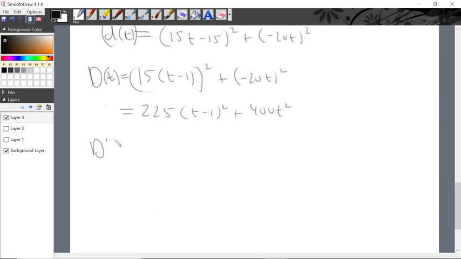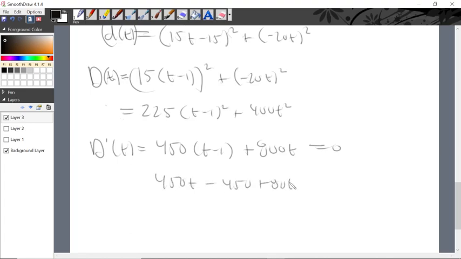Let's take the derivative of that. So d prime of t is 2 times 225, which is 450, times (t minus 1), by the chain rule just times 1, and then plus 800t. Let's set that equal to 0. So we have 450t minus 450 plus 800t is equal to 0.